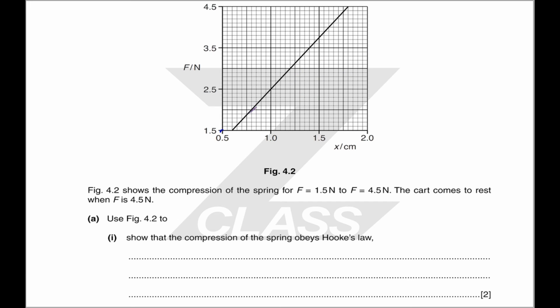What we want to show is that we can find the gradient of this graph, and then we can take any one point. This one's got nice numbers on, so might as well pick that one, and show that if we map our graph back, that when we reach 0, 0, we will reach 0, 0. So that's the idea here. And it has a constant gradient. And so that gradient you can find, that will be K.